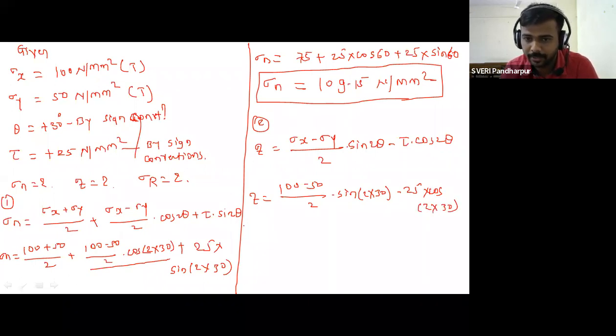So here I will write sigma t is equal to 25 into sin 60 minus 25 into cos 60.